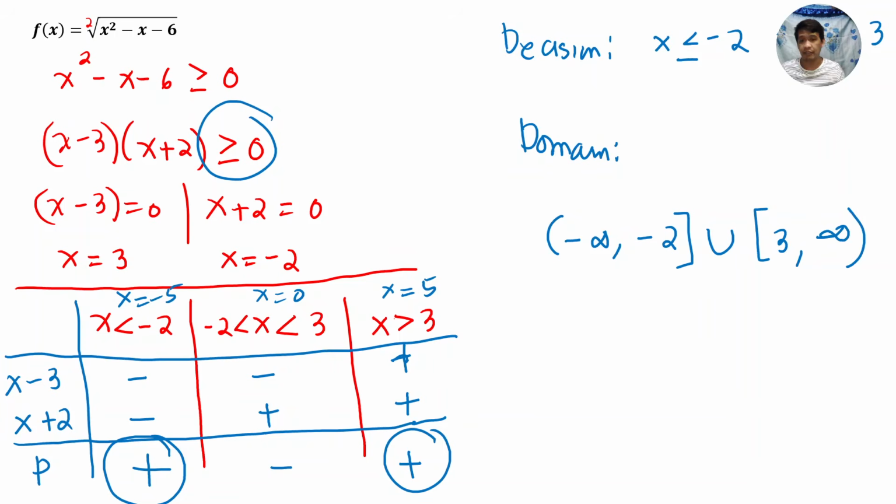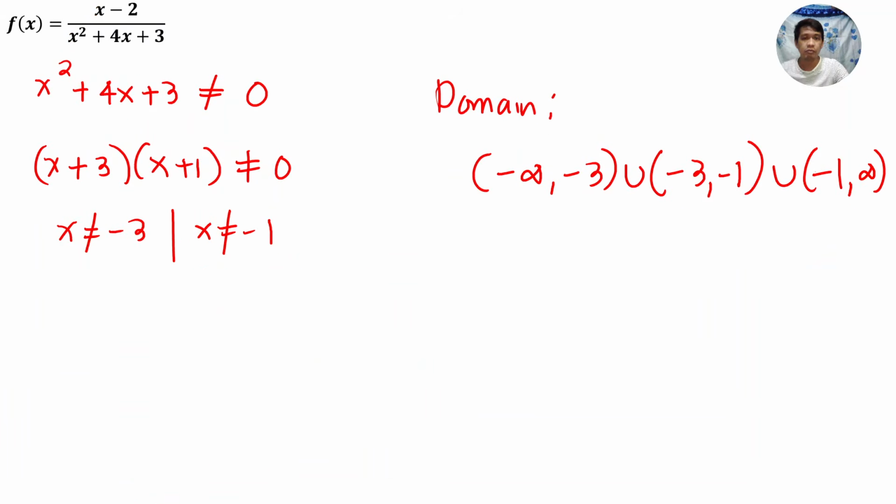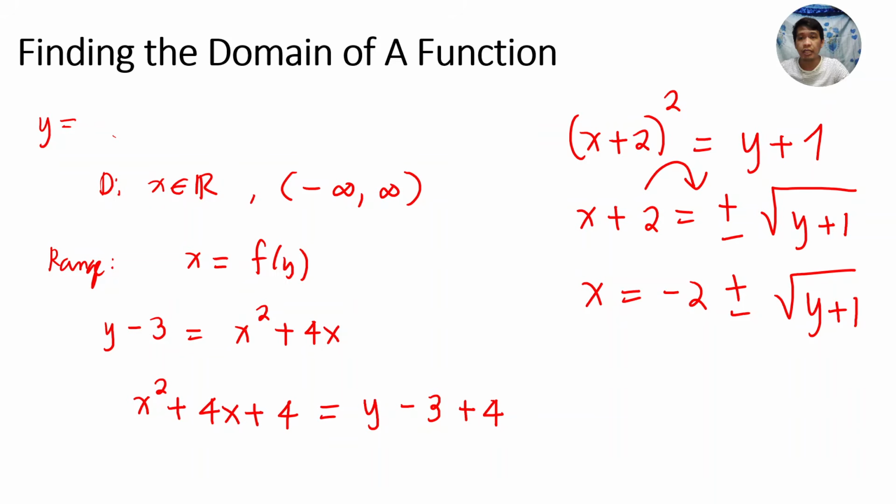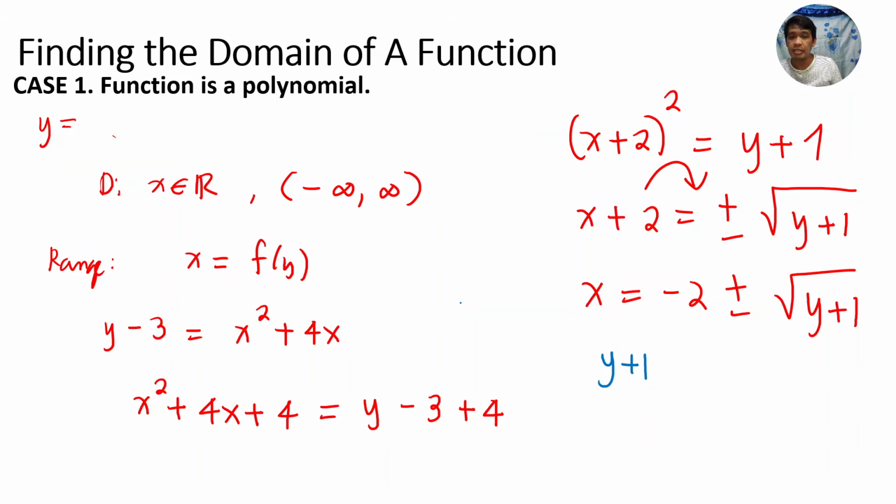That is case 3. So balikan natin yung kanina. So, yung example number 1 natin, meron tayong dito na negative 2 plus or minus square root of y plus 1. So, since may square root dito, the only time na magiging defined ito is when y plus 1, yung radicand, must be greater than or equal to 0.